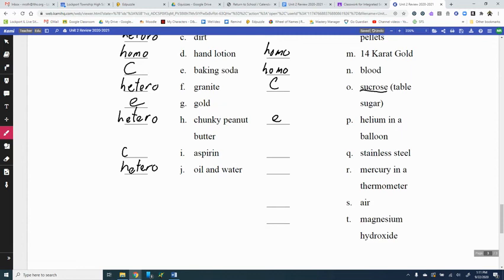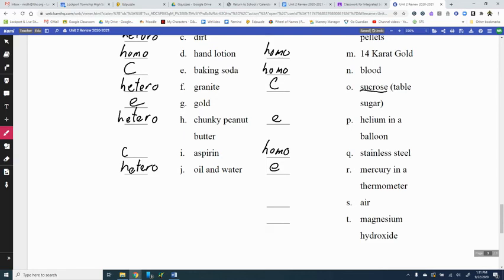Stainless steel is a mixture of iron and carbon, but you can't see the different parts. So that is a homogeneous solution. Mercury in a thermometer. Mercury is on the periodic table of elements, so that is an element. Air, that's kind of a tricky one, right? Air is made of several things.